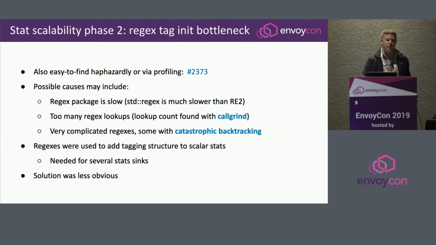We also don't want to just drop the regular expressions. They were providing a lot of great stats functionality, like being able to take a flat list of stats and add some structure to it, which is really good for stats visualization tools like Prometheus and so on. So we knew the problem was regular expressions, but how to solve it was not completely clear.